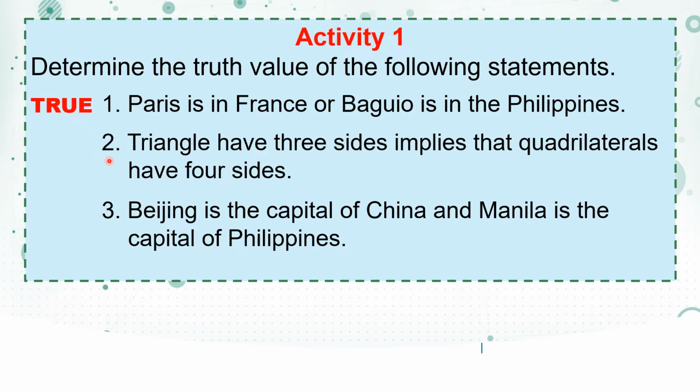Number 2. Triangle have 3 sides implies that quadrilateral have 4 sides. So this is an implication or conditional because of the word implies. At yung truth value ng implication or conditional can only be false if a true hypothesis is followed by a false conclusion.